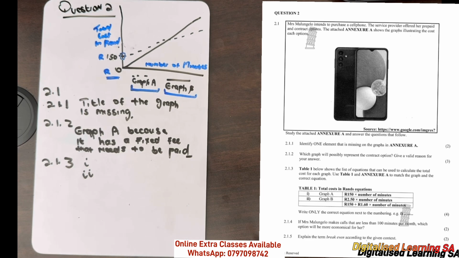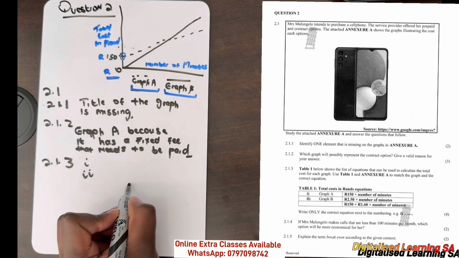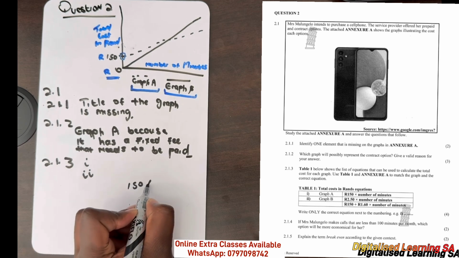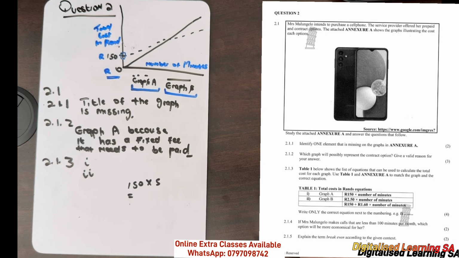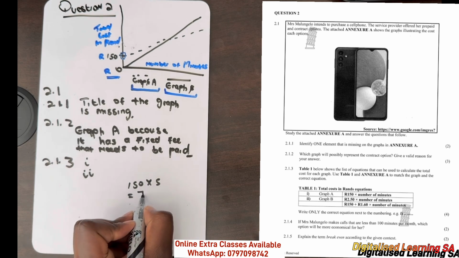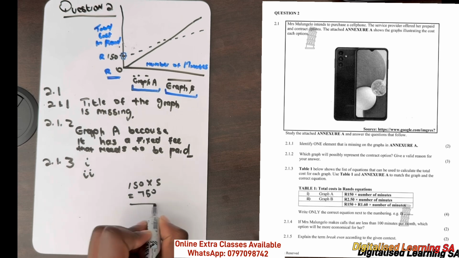If we look at our first option, we are given 150 multiplied by the number of minutes, meaning that if a person uses 5 minutes, we are going to multiply by 5. It will be 150 multiplied by 5, and our answer will be 750 for using only 5 minutes.